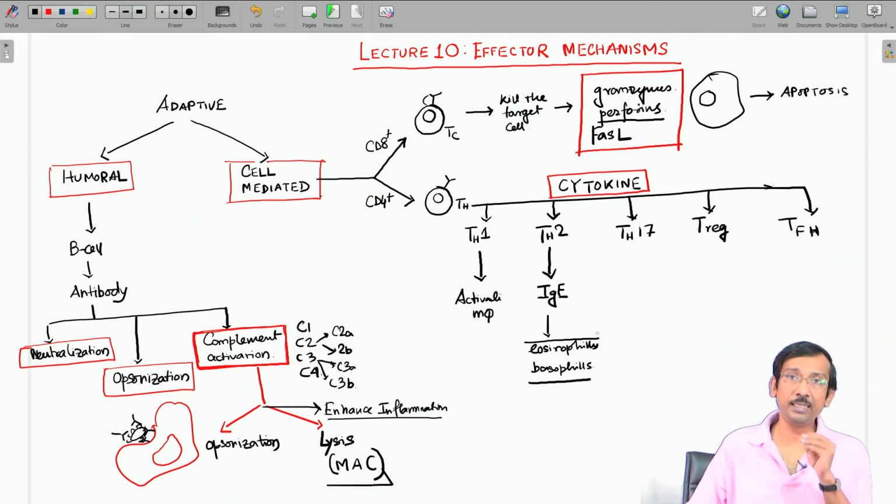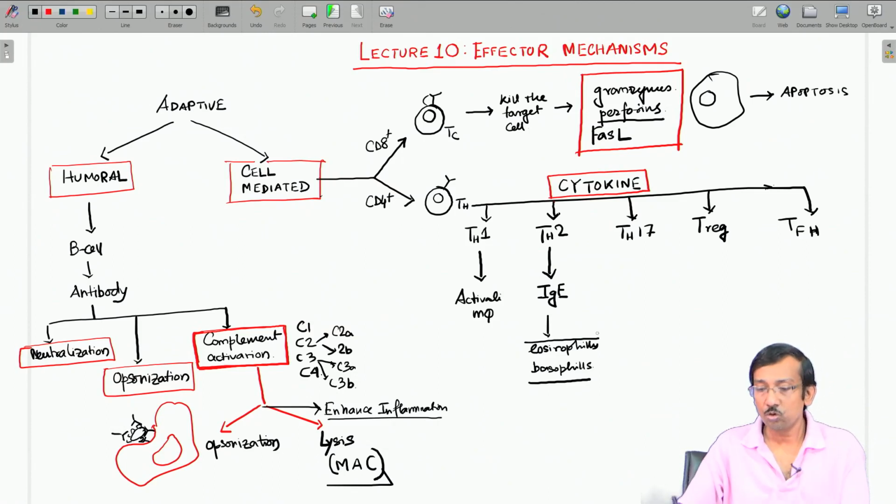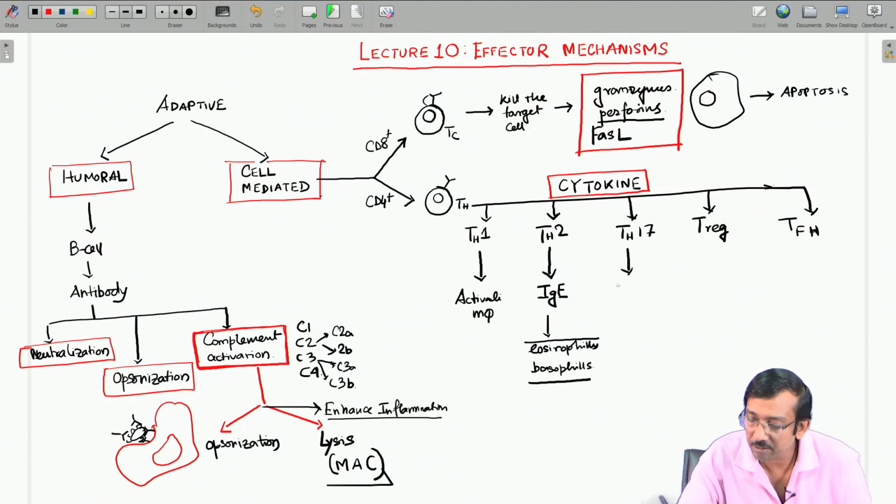The Th17 is one of the important T helper cells that are essential for enhancement of inflammation. One of the major functions of the Th17 is to induce the epithelial cells to produce another subset of cytokines known as the chemokines.